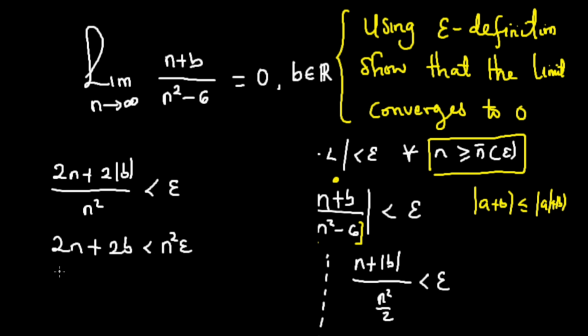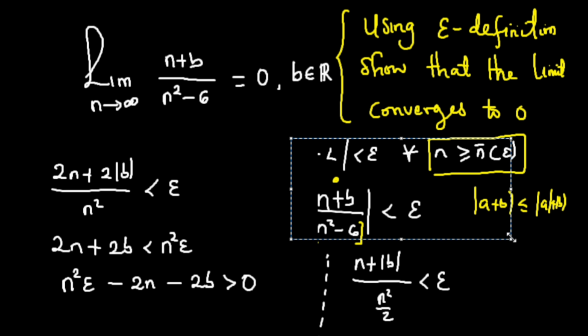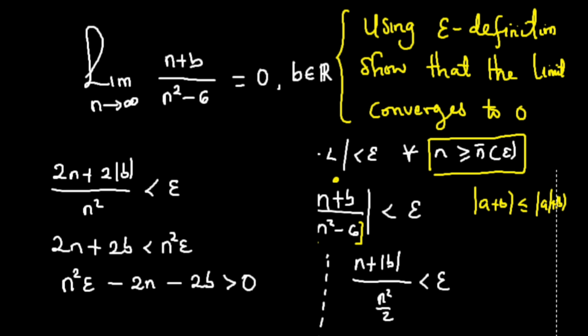So what do I do? Then n squared epsilon minus 2n, then minus 2b, right? I'm trying to bring everything to the other side. Minus 2b, then everything will now be greater than 0. What does this look like? This looks like a quadratic equation. Then I can now finish up whatever I want to do from there.